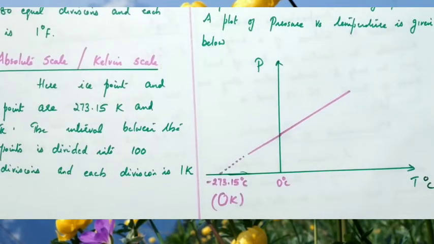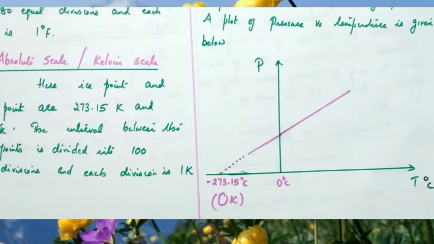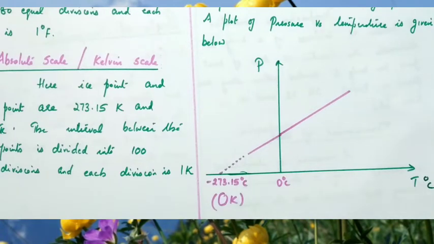What is the importance of absolute 0? Absolute 0 is the lowest attainable temperature, and at this temperature all molecular motion stops. The particles stop moving and all the disorder disappears.